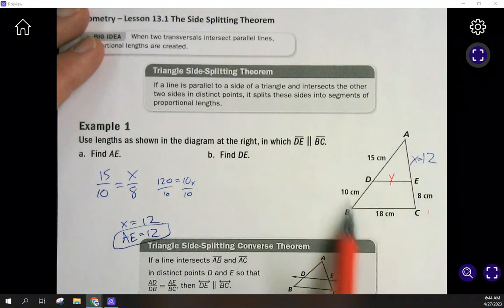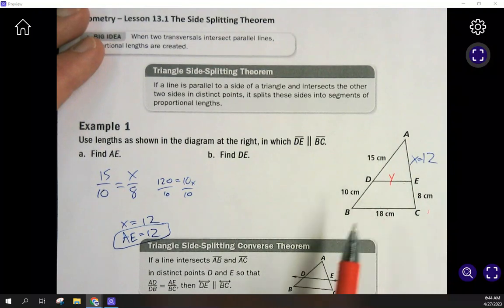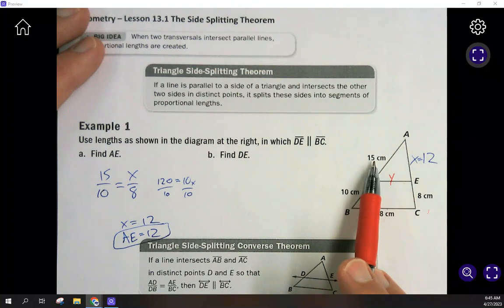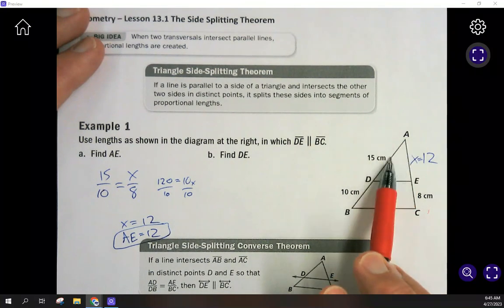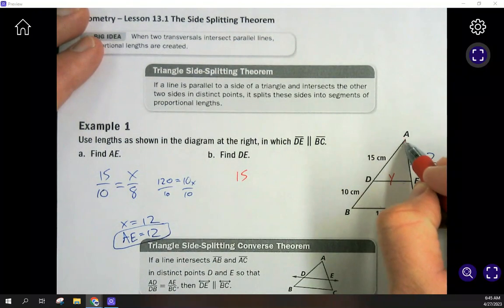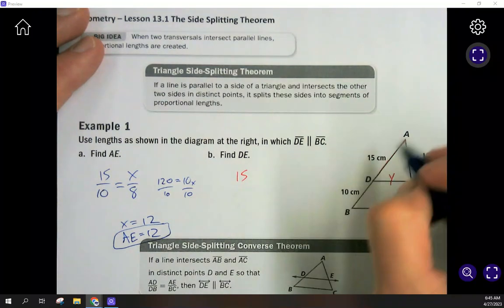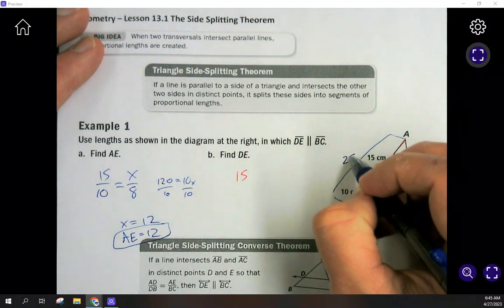So this just goes back to the last chapter now. I can go ahead and just look at the individual triangles and set them up in a proportion. So I do need to be careful here. When I compare, I'm not going to go 15 to 10 when I set this up. It's the side of the triangle to the side of the triangle. So 15 is the side of this triangle. The side of the big triangle is all of this, which is 15 and 10 together, which is 25.